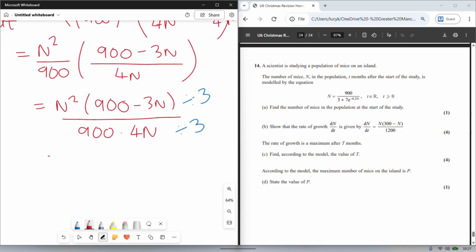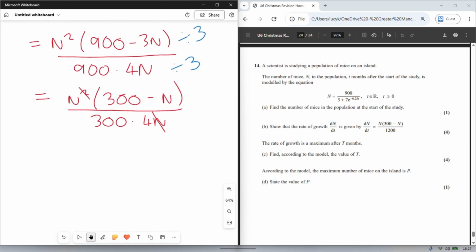So this whole thing here then is n squared, and then that will be 300 minus n over 300 times 4n. And I should have done this before. Let's cancel out those n's there.